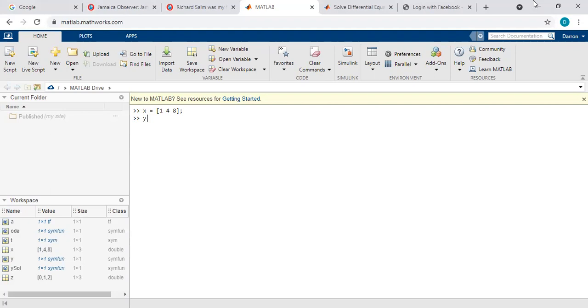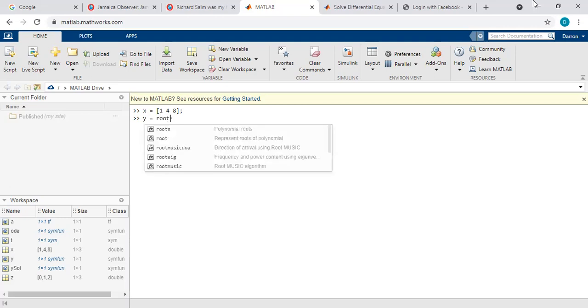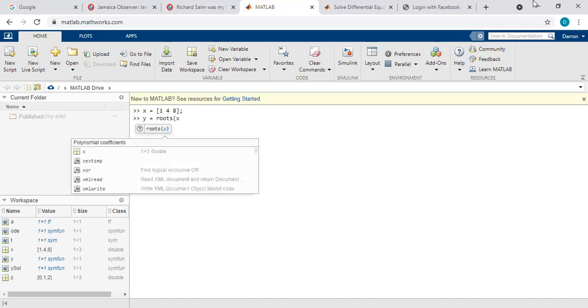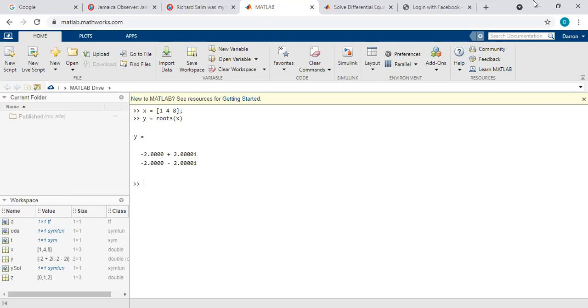We want the roots, so I write roots of x. And it will give you minus 2 plus 2i and minus 2 minus 2i.